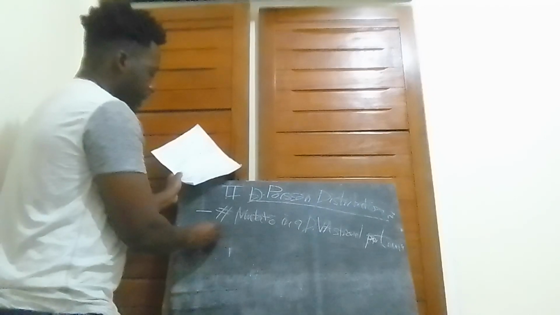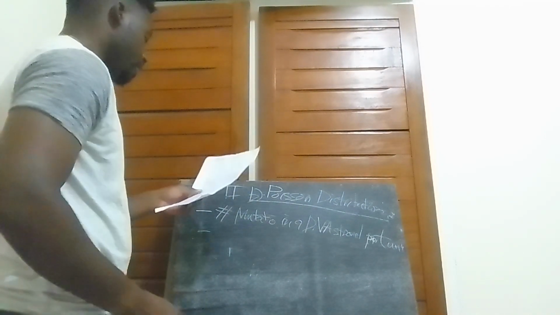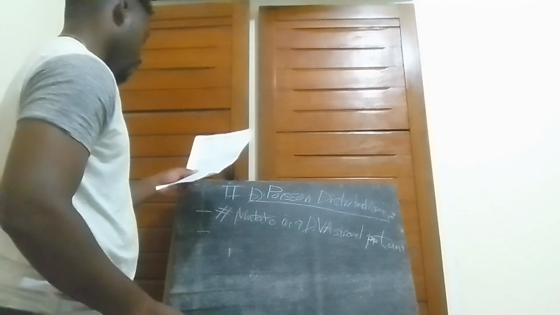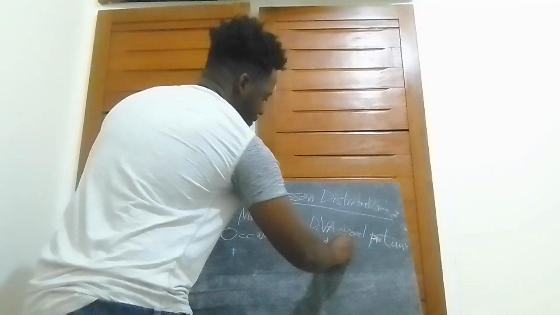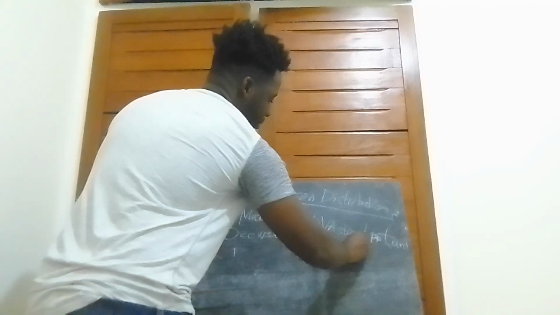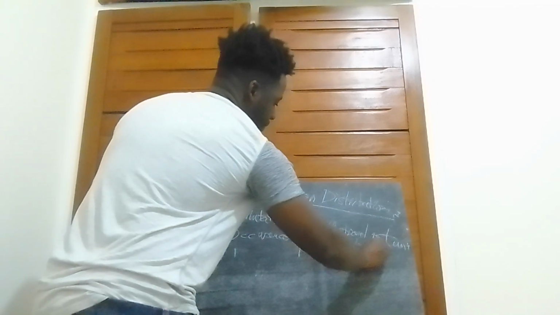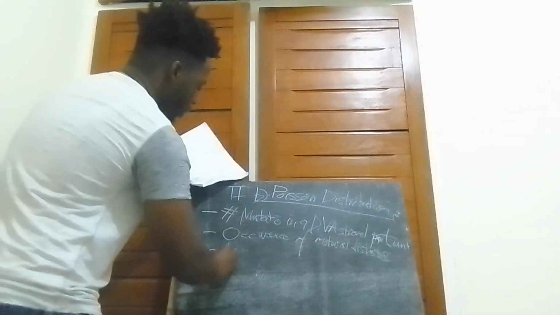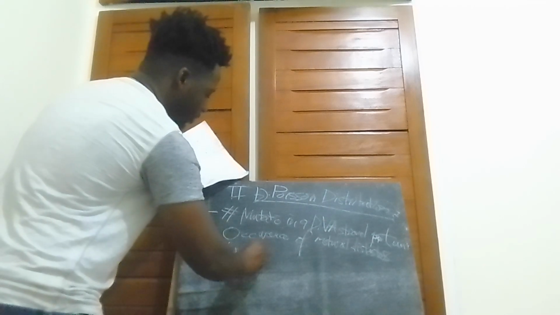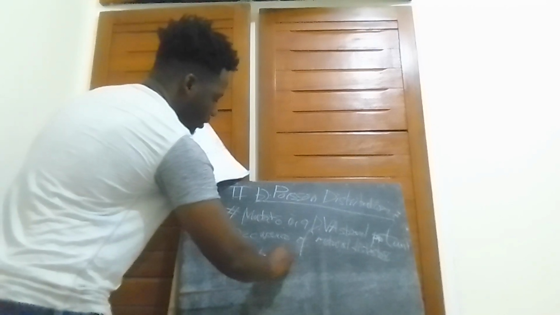You might apply the Poisson distribution to the occurrence of natural disasters, and you might also apply it to the number of customers at a store at a given time.